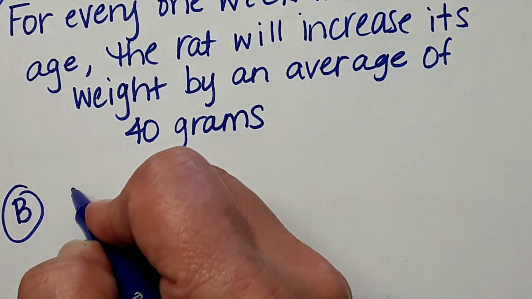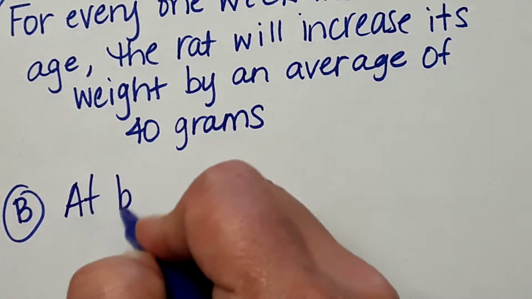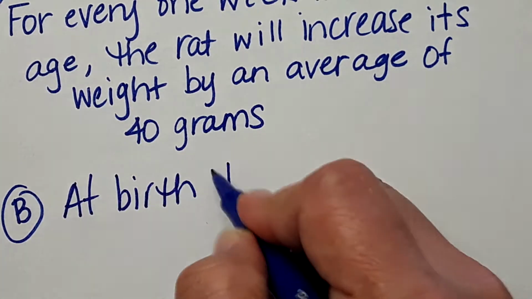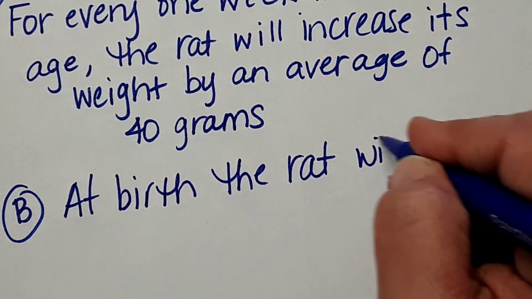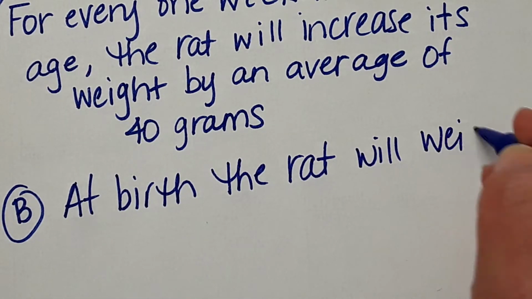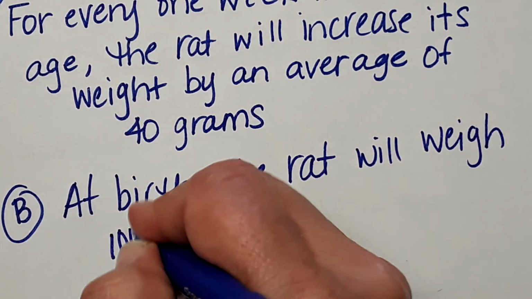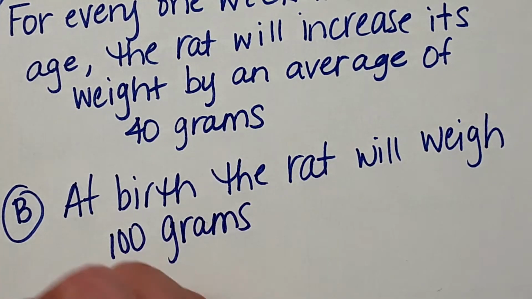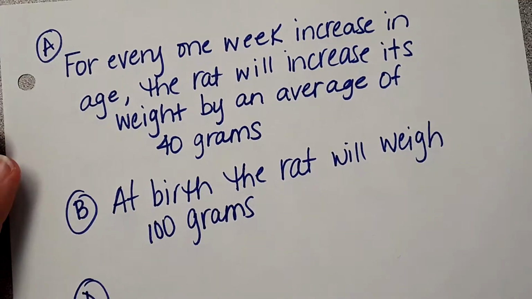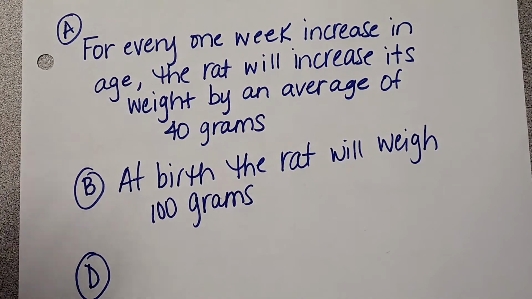Okay. So at birth, the rat will weigh 100 grams, right? That's what that means. Now D. What we're going to do for D is convert 2 years into weeks because time is in weeks, correct?